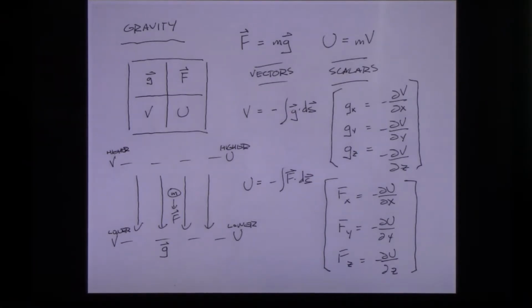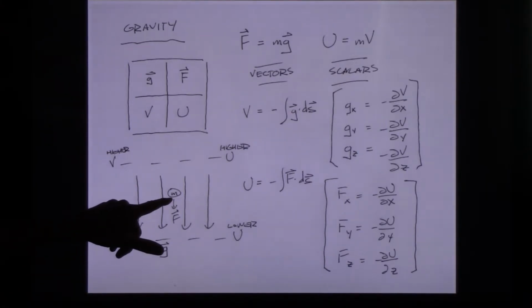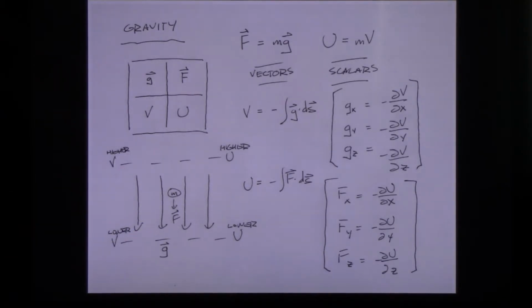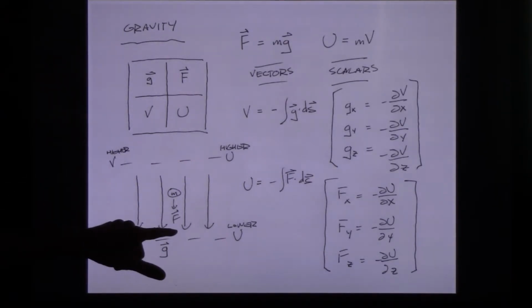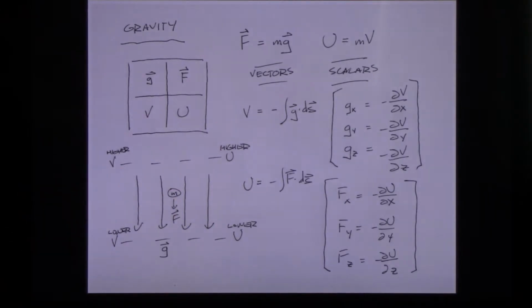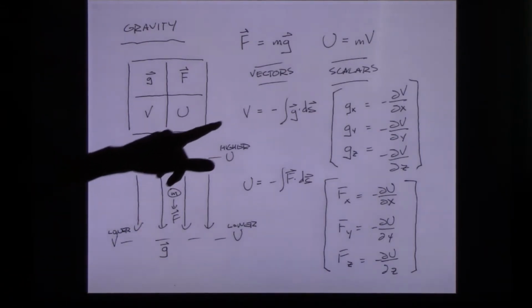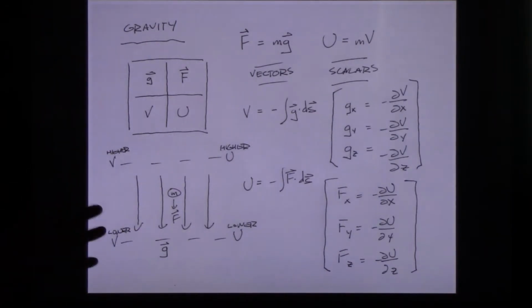Now what that means is, even before I introduce a mass, I could take that away. If I take the mass away, I don't know what the force is and I don't know what the potential energy is, but even without imagining an object, I can still say there's a gravitational field due to the planet Earth. And that means that we can do calculations of field and potential without asking which kind of object we are going to place in that field.